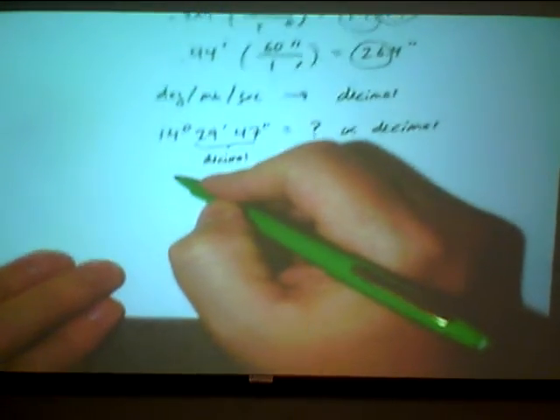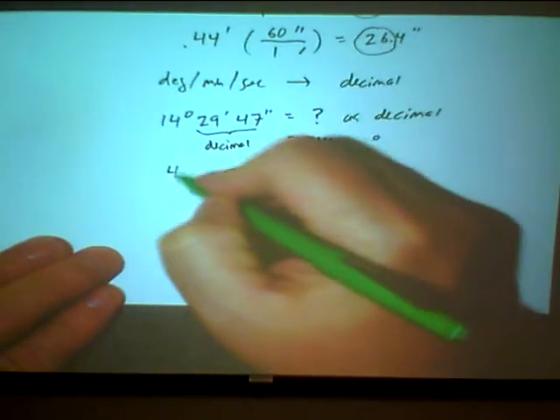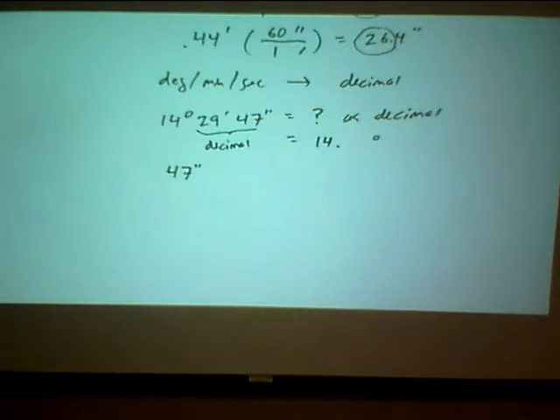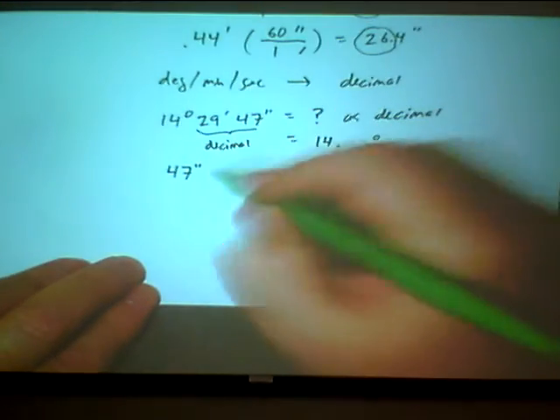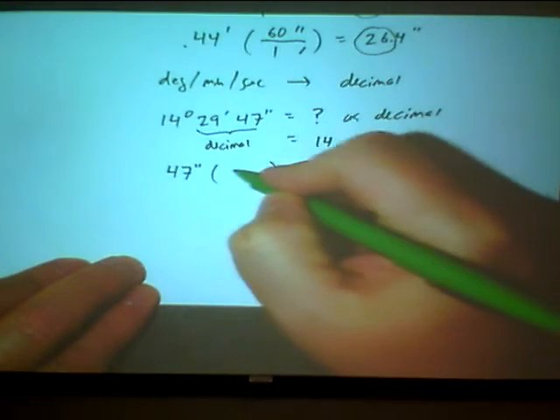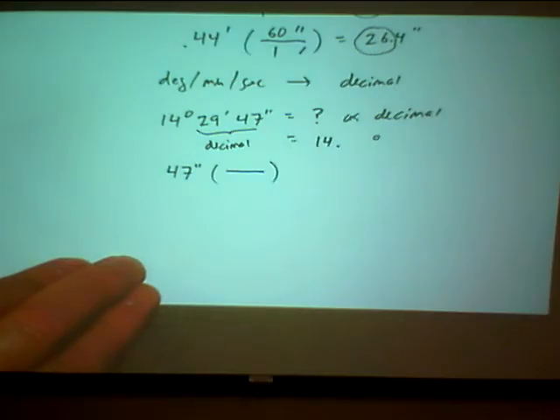So I say, okay, I'm going to take 47 seconds, and I want to convert that to minutes. So I want to see how many minutes 47 seconds is equal to. Since I'm doing another conversion, I have my unit fraction.